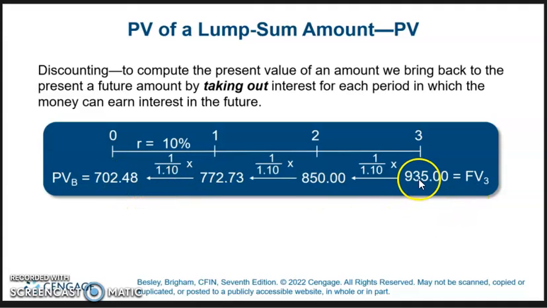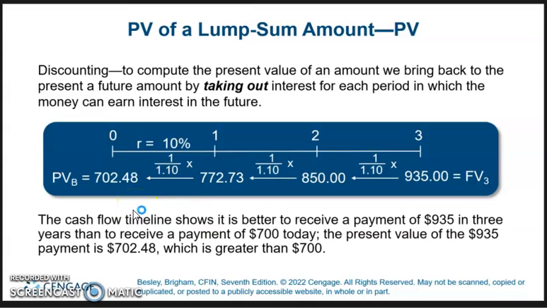Again, that tells us that $935, given the 10% rate, is more valuable than the $700, which is what this shows us.